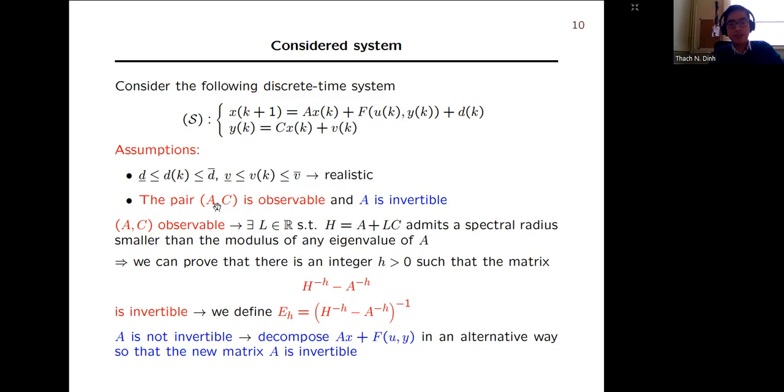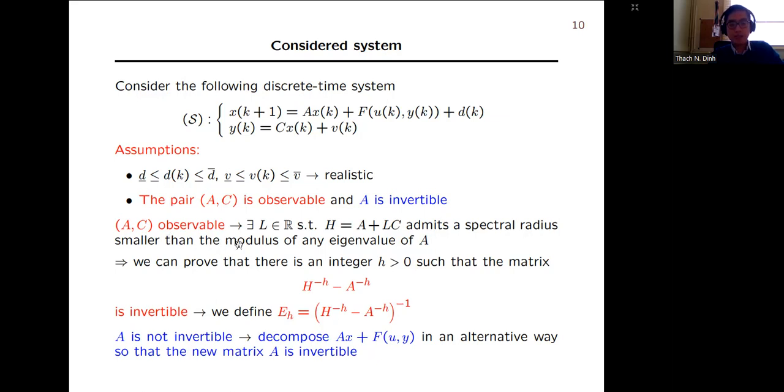The second assumption is also classical in observer design: the pair (A, C) is observable, and the matrix E is invertible. This one is the new assumption in our design: we require that the matrix A should be invertible.